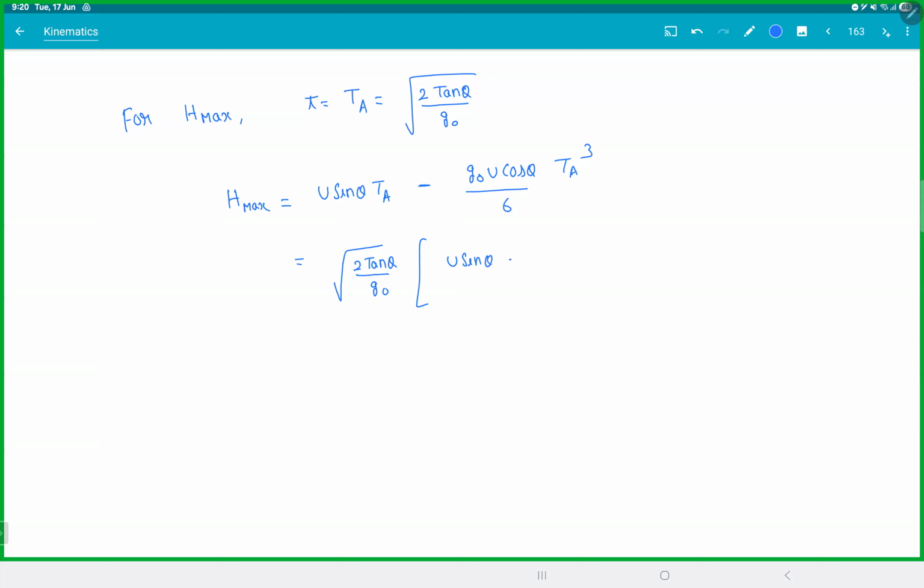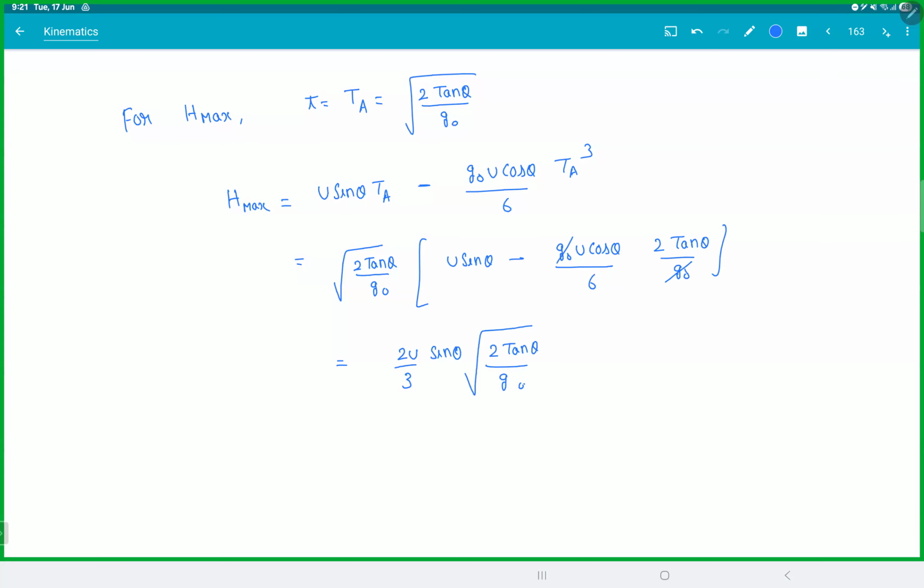This will be u sine theta minus g naught u cos theta by 6, and this will be 2 tan theta by g naught. G naught will cancel. Tan theta will be sine theta by cos theta. Cos will cancel. That will be 3. You end up with 2u by 3 sine theta root over 2 tan theta by g naught. There. That's your h max, everyone.